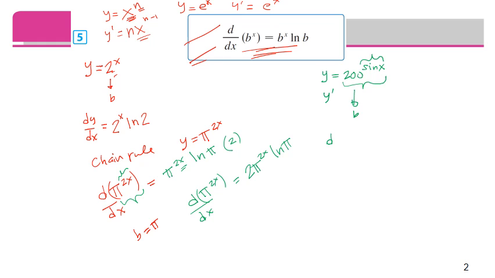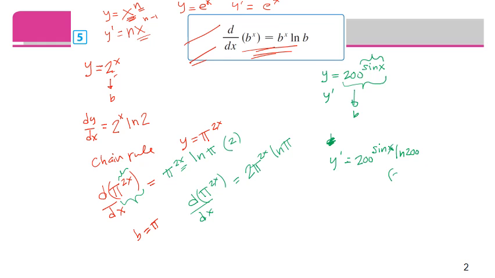So the derivative of that, just use this na lang. Y prime therefore is equals to, you copy b to the x, 200 to the sine of x, and then ln of b, which is 200, times the derivative of sine of x.